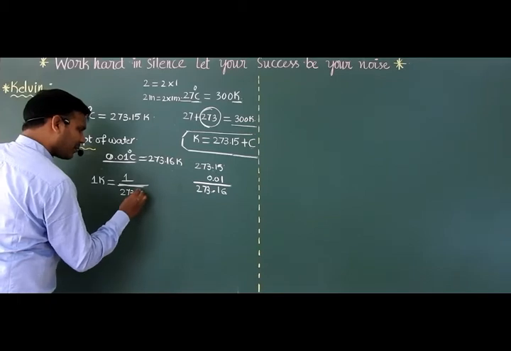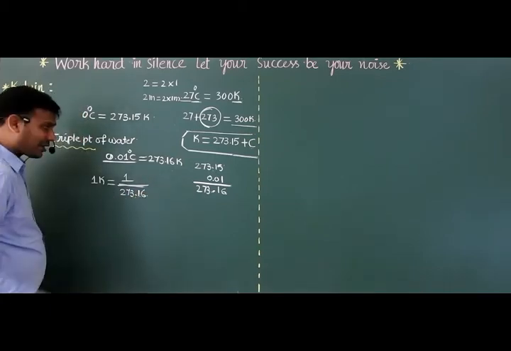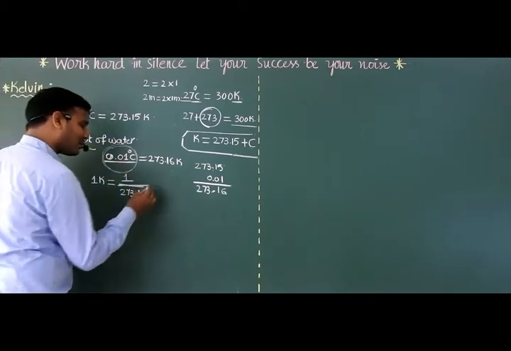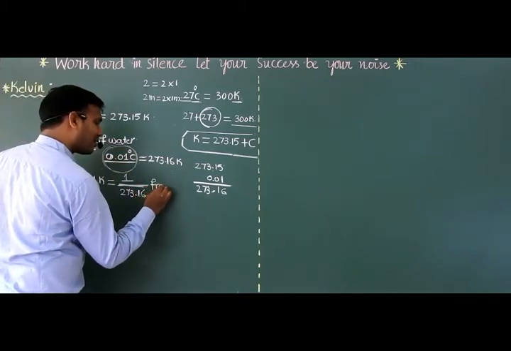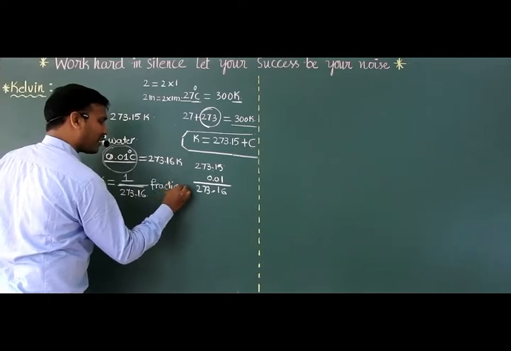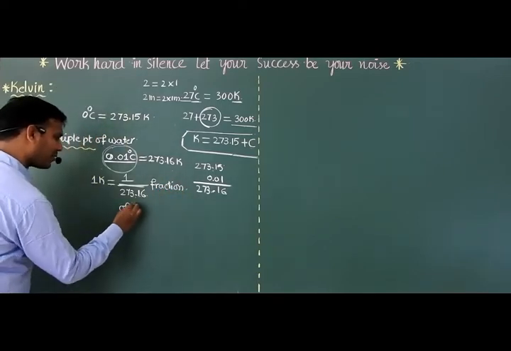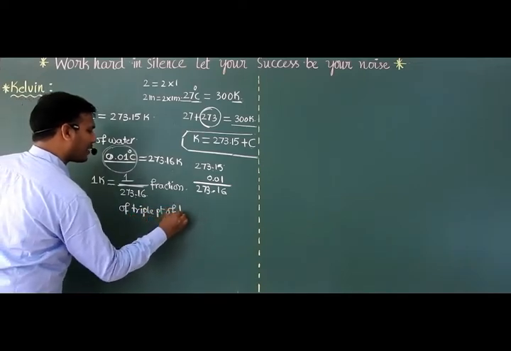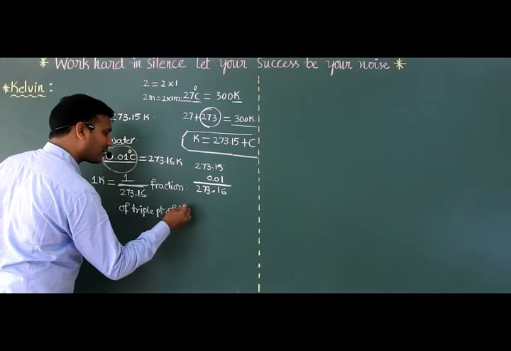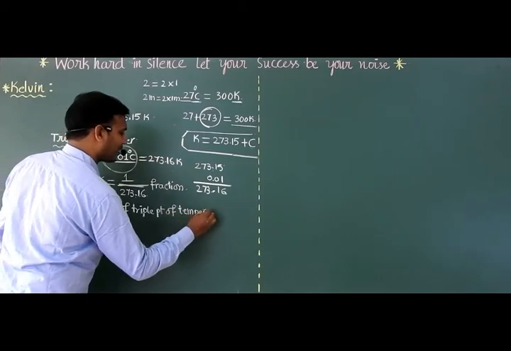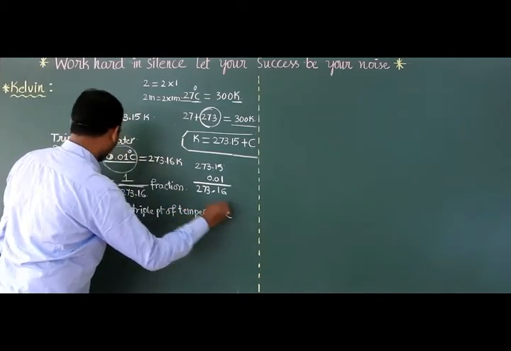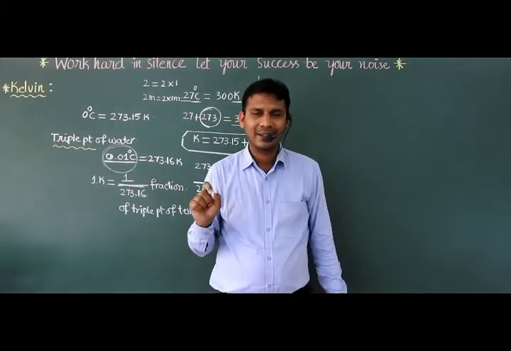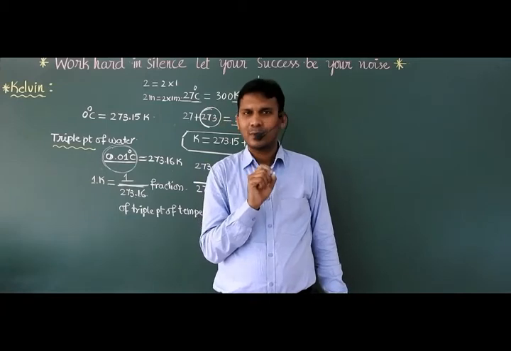273.16 of what? Of what? This is what? Fraction of triple point of water temperature, or triple point of temperature is taken as 1 Kelvin. Not understood?